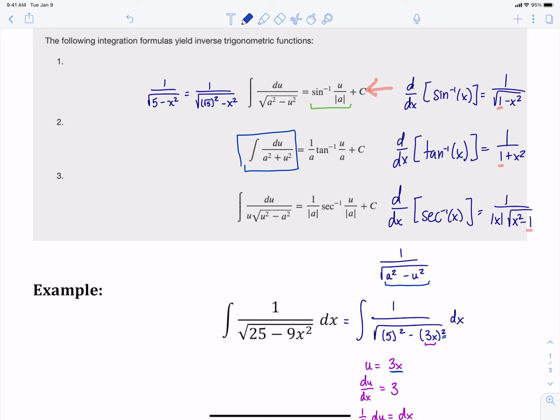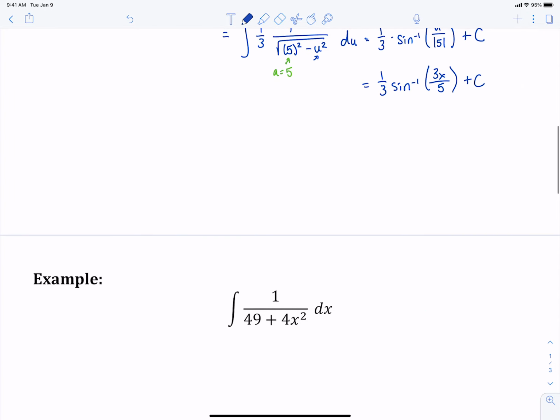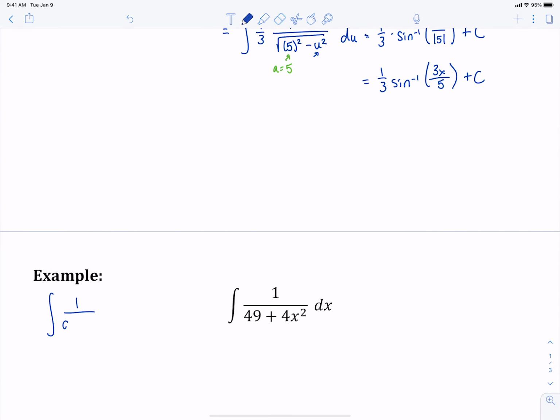So what I want to do is rewrite our integral as much as possible to get it to look like the integral of 1 over a squared plus u squared du. The first thing I'm going to do is rewrite the terms on the bottom as perfect squares. That's going to be 2x, squared.